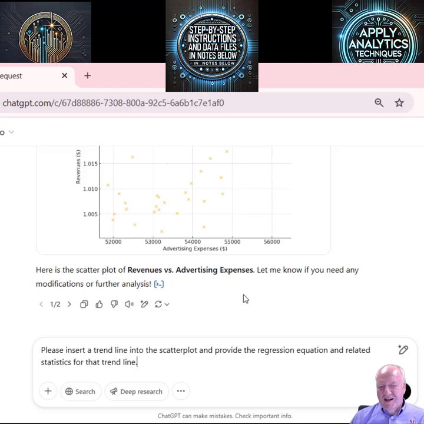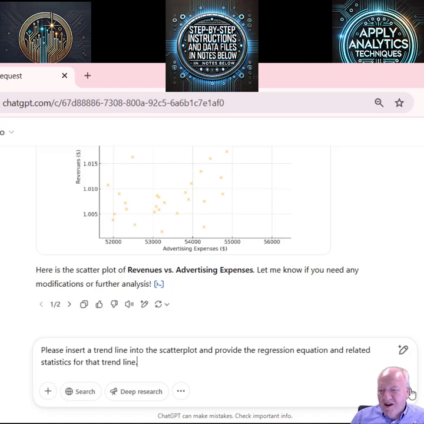And a trend line is kind of like a regression, especially if it's just univariate between one independent and one dependent variable. And then I'm going to ask it to provide a regression equation. In other words, what is the slope of that trend line, and how could I then put in an amount of advertising expenses and get an output for revenues?